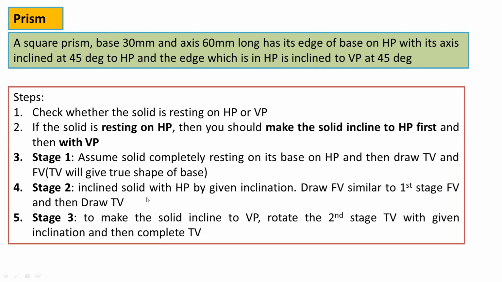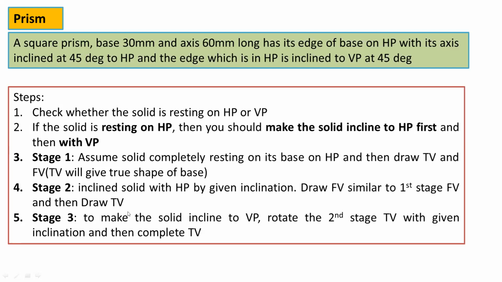The inclination with the HP is visible in the front view. Therefore, the second stage front view is similar to the first stage front view. We just have to rotate that first stage front view with the given inclination with the HP. Then complete the front view in the second stage.